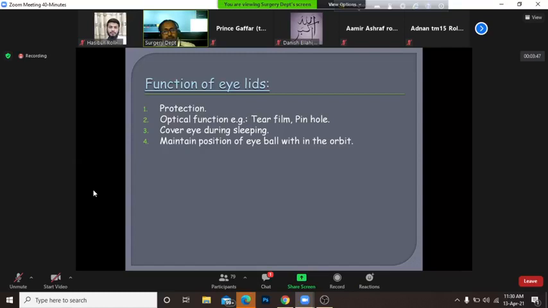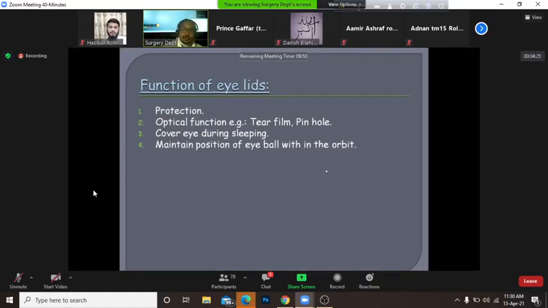The eyeball is situated in the orbit and suspended by muscles attached to the orbit, and so maintenance of its position is also done by the eyelids.